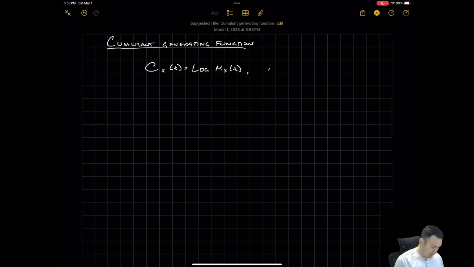And just as a reminder, our moment generating function is equal to the expectation of e to the tx. Then, using the general Taylor expansion of e to the x to expand our e to the tx, we have the following.